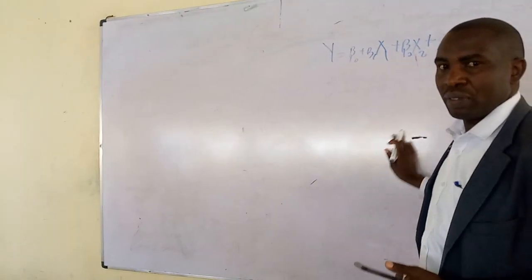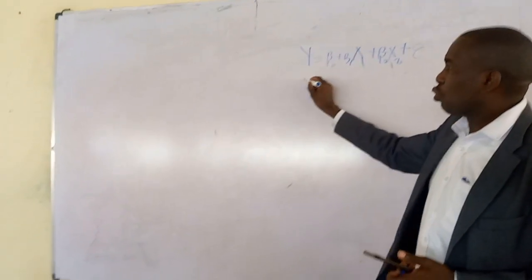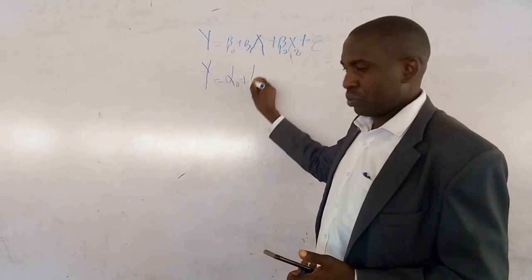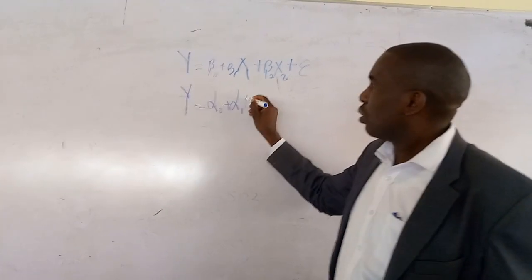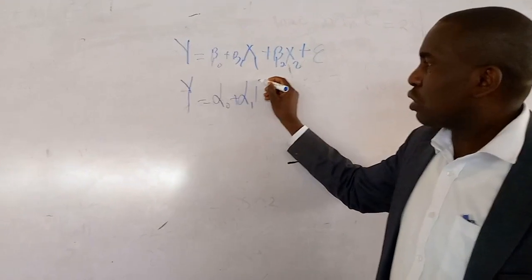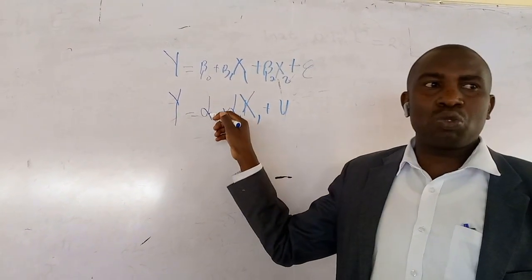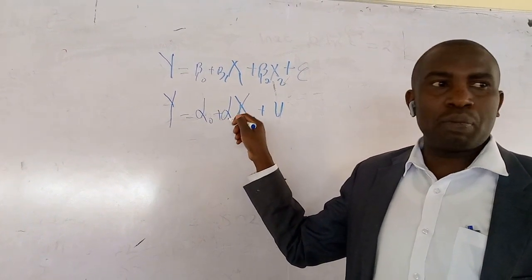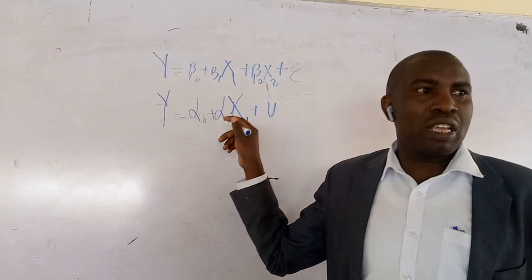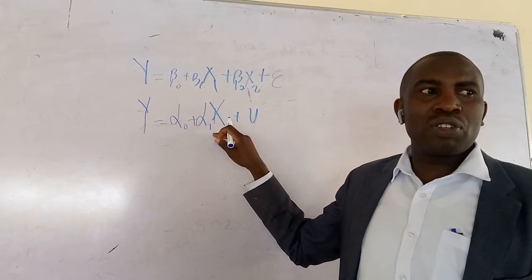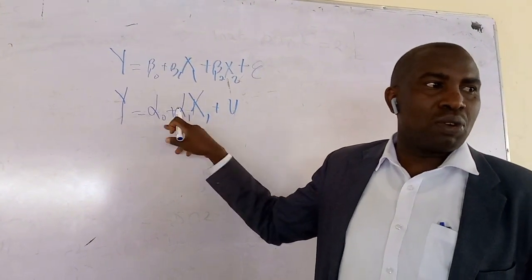But you estimate this one: y is equal to alpha naught plus alpha 1 x. So what can you see here? You see that you have omitted x2 from this model.